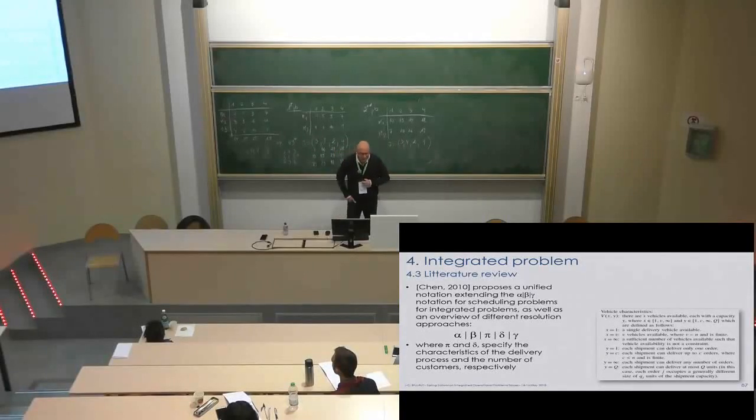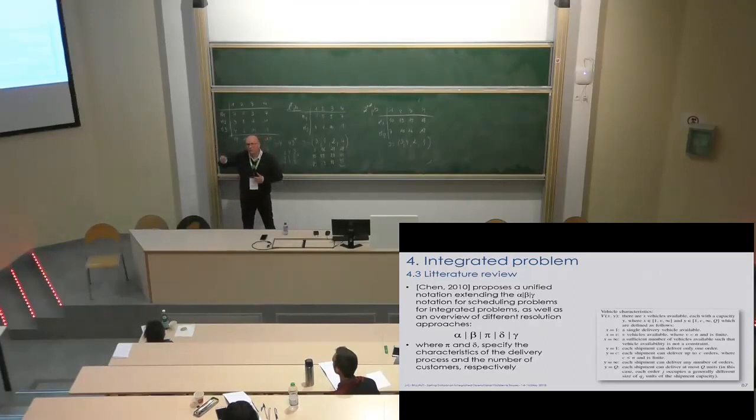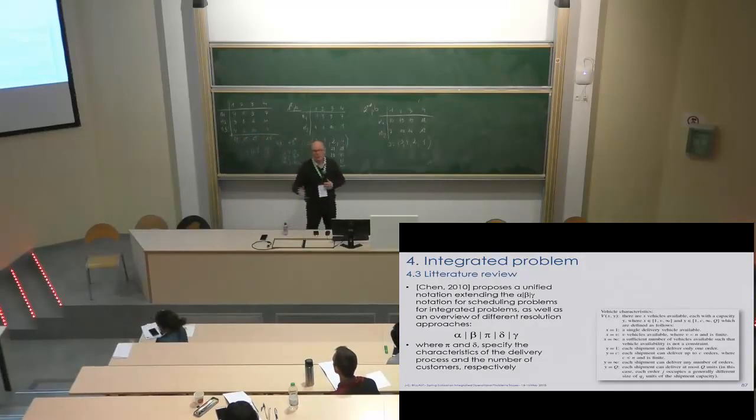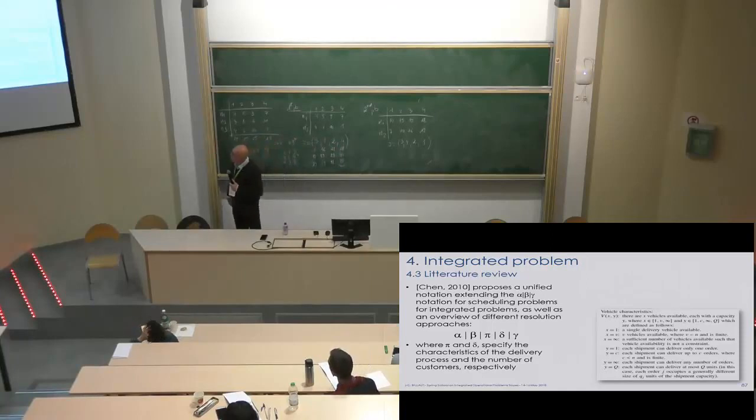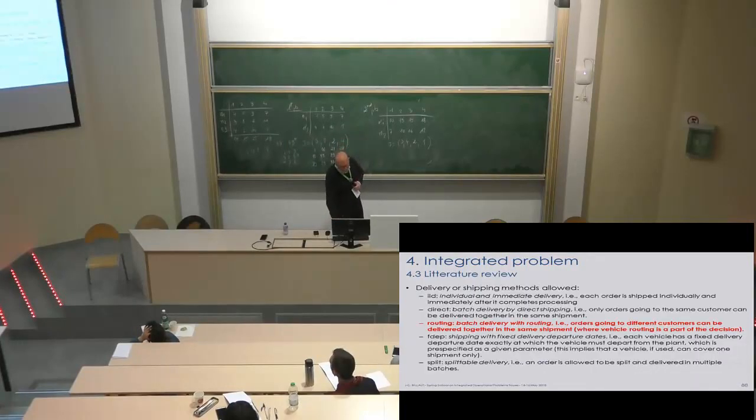There is a paper from Shen in 2010 who proposes a unified notation, extending the alpha, beta, gamma notation. But when you add more fields in the notation, it becomes more complicated, and people do not use it. Anyway, if you want, you can adopt a notation for your problem with 5 fields.